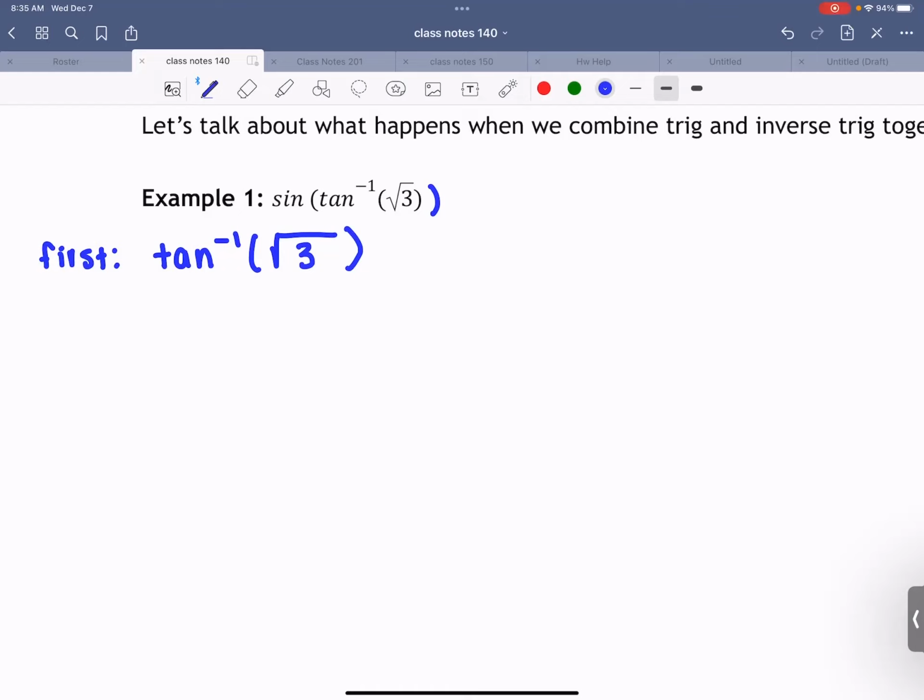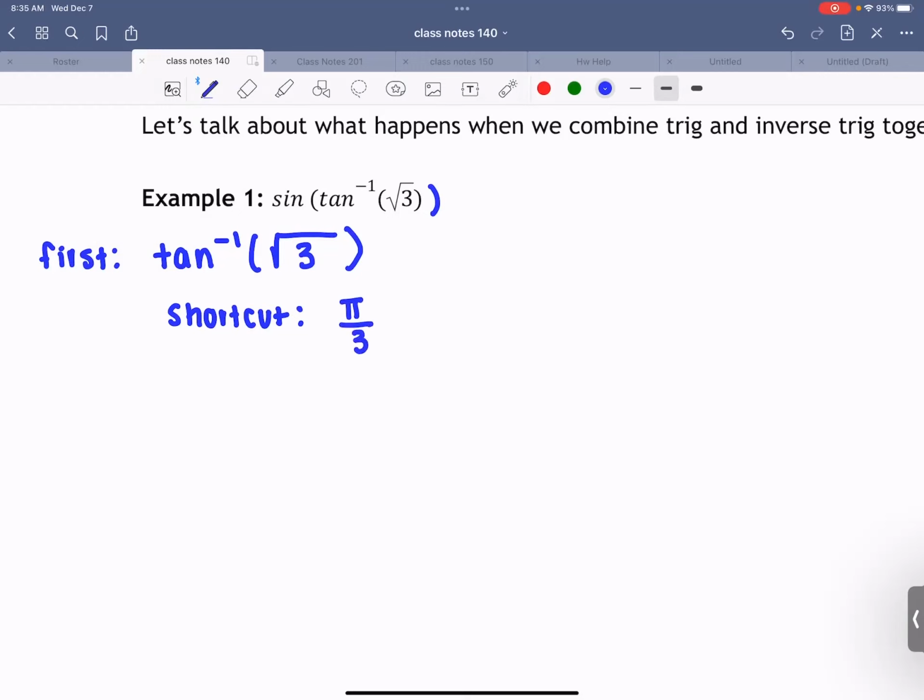Okay. Now, we can do the full way of doing it, but there is the shortcut, right? Let's just do the shortcut because I'm lazy. Okay, looking at your chart, what should be the angle if I'm trying to find what angle tangent comes out to be the square root of 3? Pi over 3.